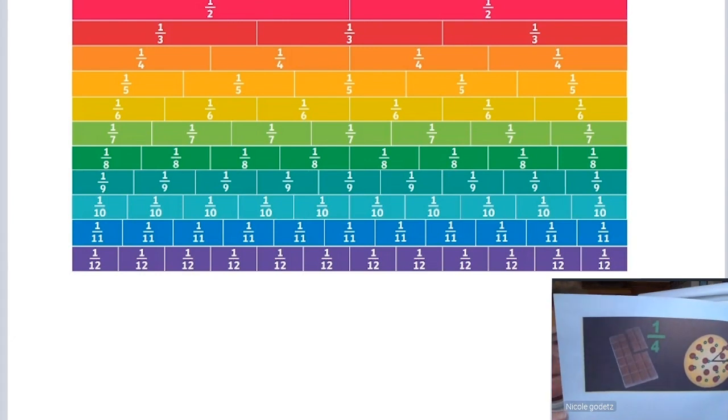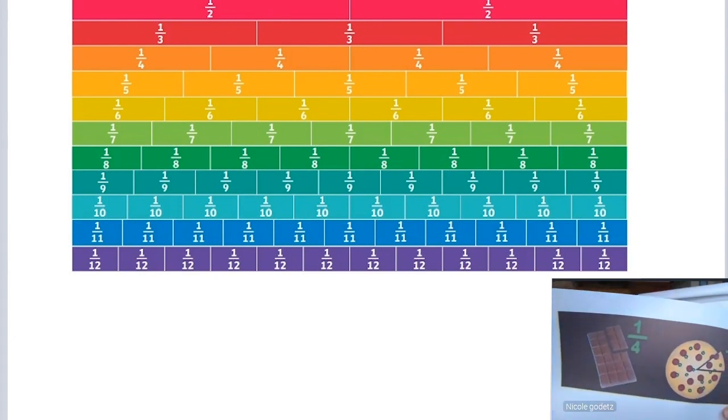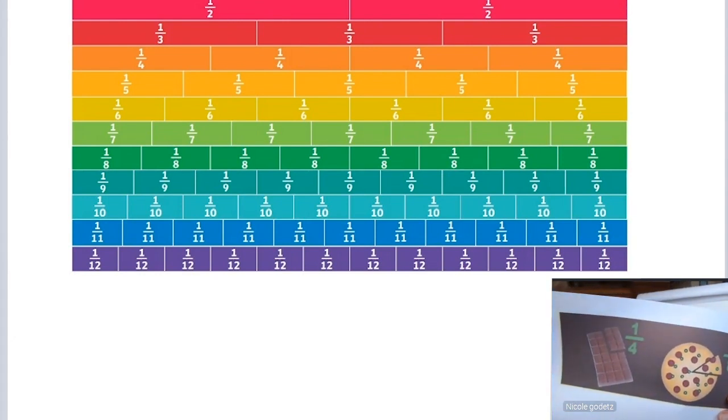So I've got something to show you here. Looking at 4/8, 1/8, and 1/4. 1/8 and 1/4. Are they equal? If I said you could have 1/8 of the pizza or you could have 1/4 of the pizza, would you say they were equal?